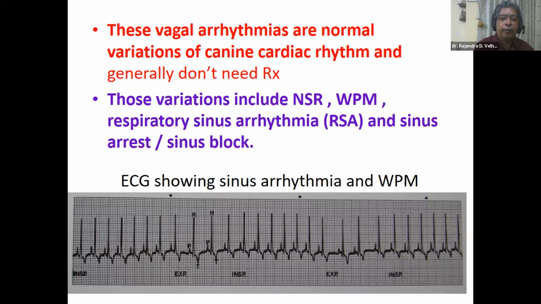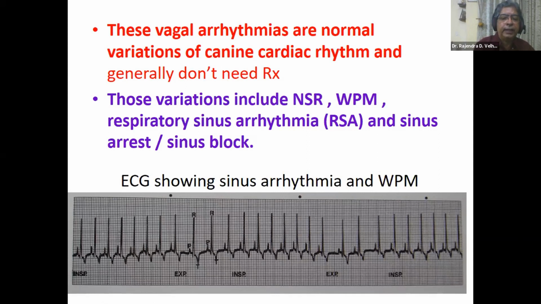Now, when we say the word sinus, that means the P waves are visible. The impulse is produced, that means the sinus node is having the rhythm in its control. And whenever there is a slight variation in the RR interval, it's a sinus arrhythmia.